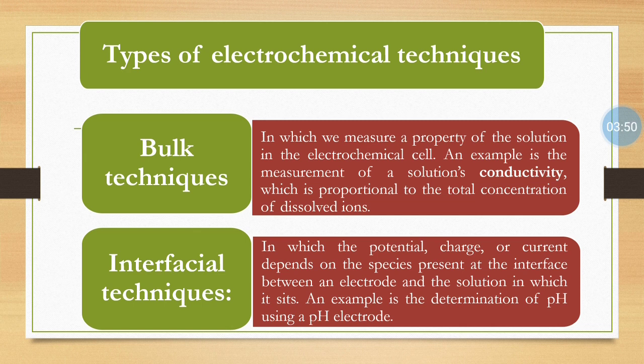Whereas in interfacial techniques, we use potential, charge or current depending on the species present at the interface between an electrode and the solution in which it sits. It includes many techniques. One of them is potentiometry.